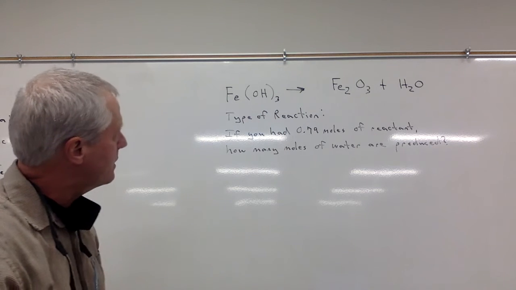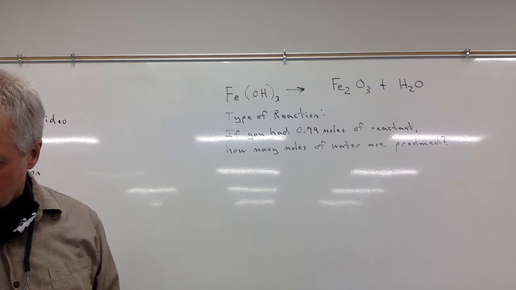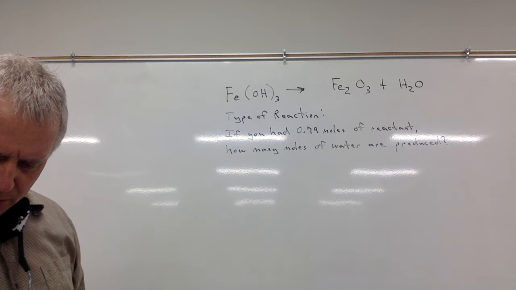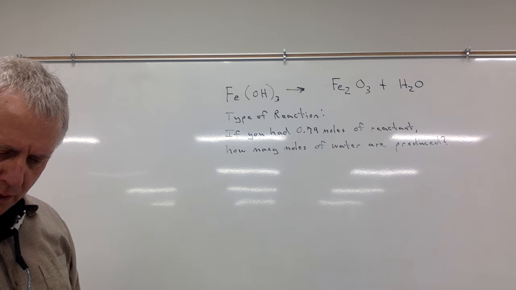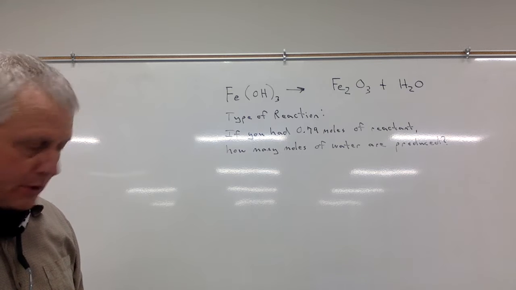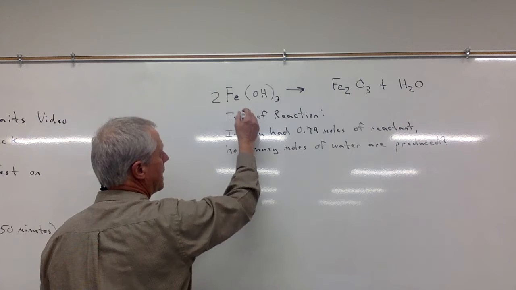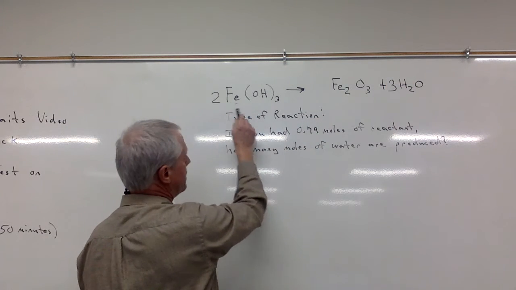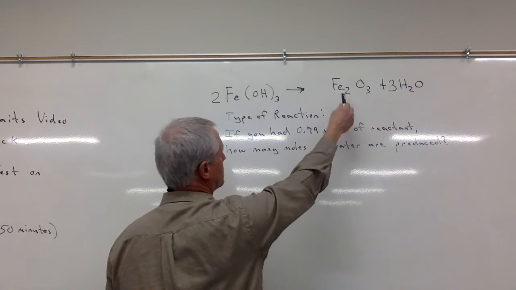Now, we need to balance this equation. To do that, what we'll probably try is a 3 in front of the water. We could put a 2 here and a 3 over here. I'm using a 2 here because there are 2 irons there.